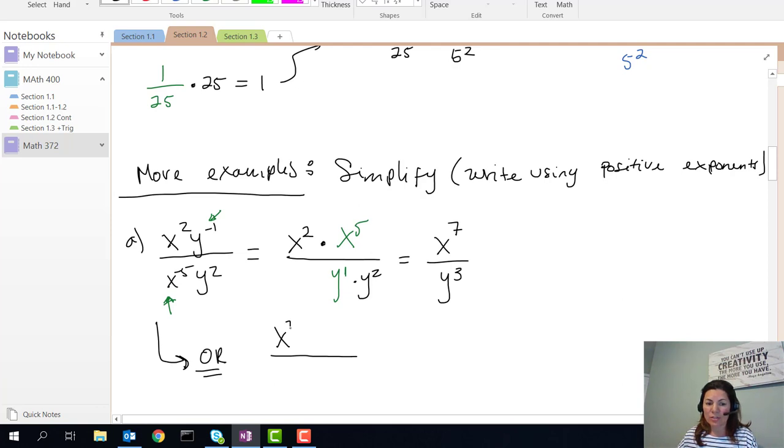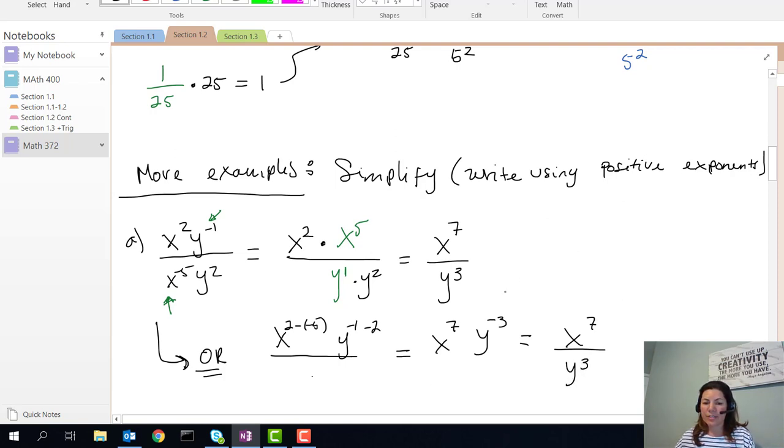So it's going to look like 2 minus a minus 5, and y to the minus 1 minus 2. So then there's nothing on the bottom. And so this becomes x to the 2 minus a minus 5, so it's x to the 7, and y to the minus 1 minus 2 is minus 3. And now I have a negative exponent, which means it belongs on the bottom. So I have x to the 7th over y cubed.